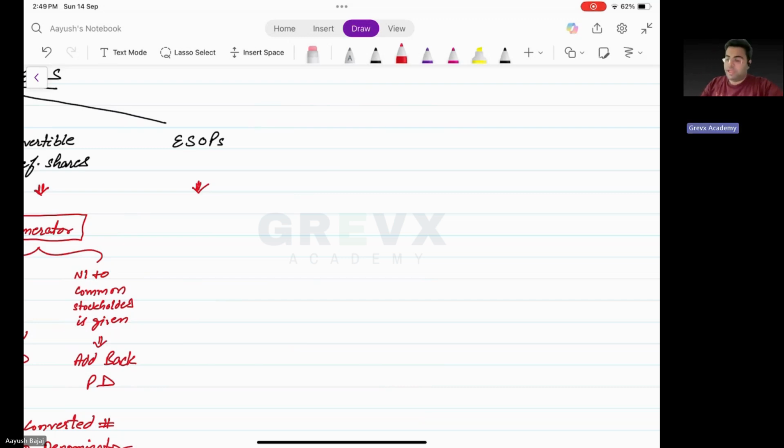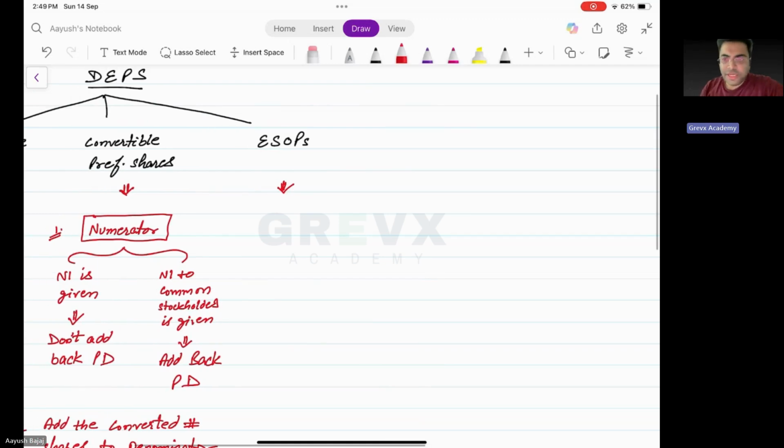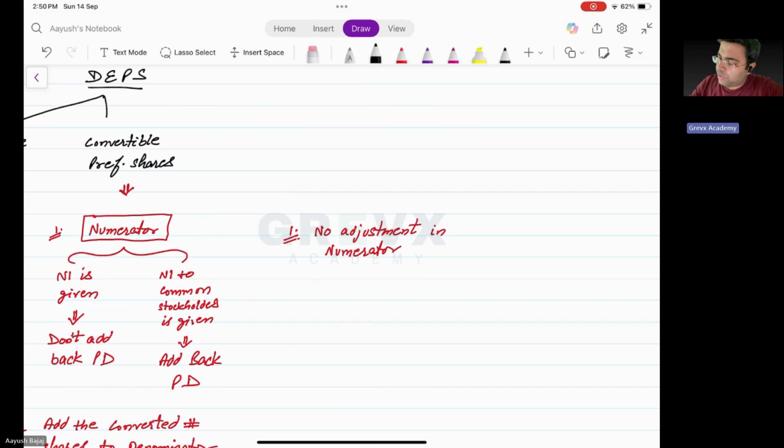Now, do you think in case of ESOP there is any adjustment required to the numerator? No, absolutely correct. No adjustment in numerator.